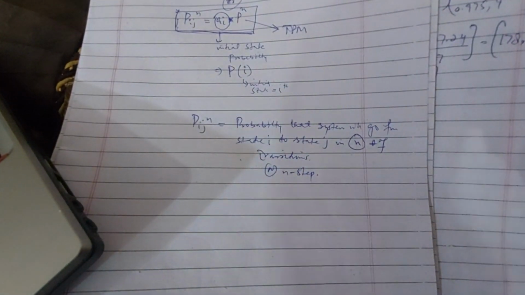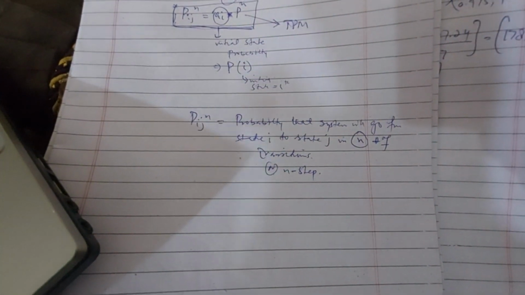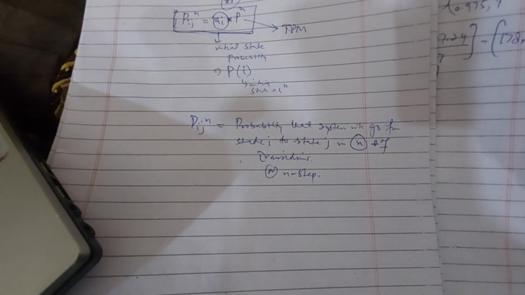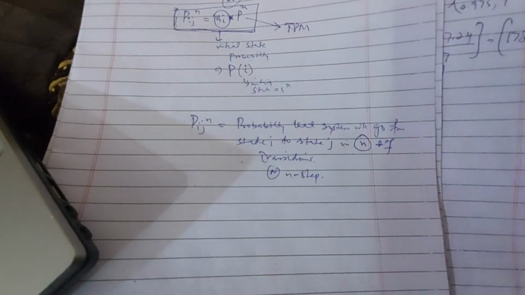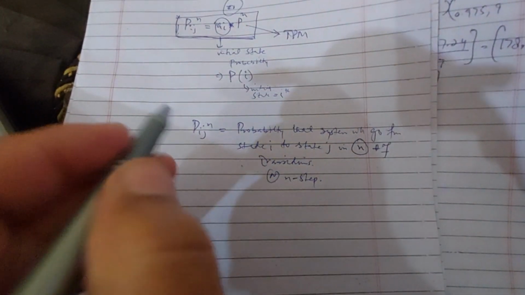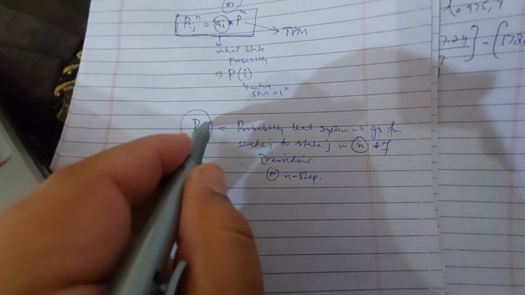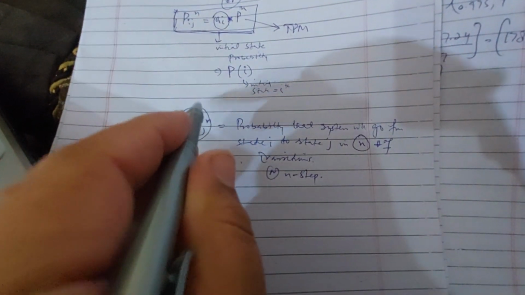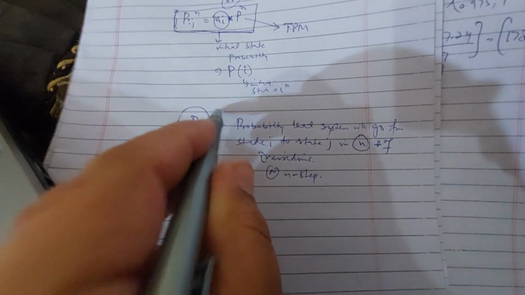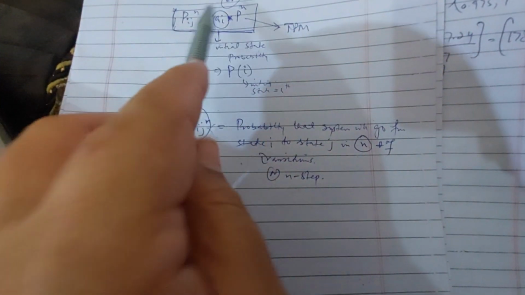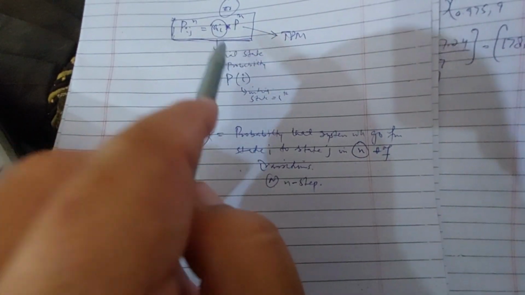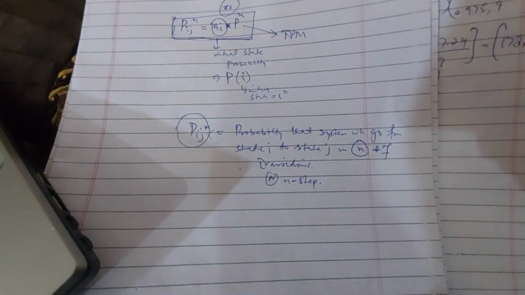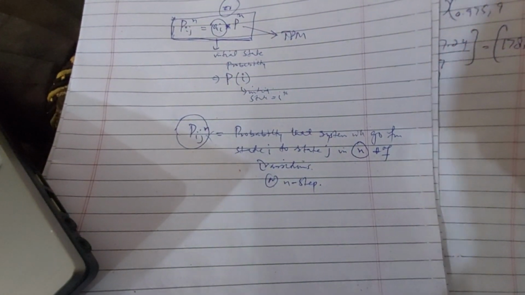We already discussed the n step TPM. So it will be equal to the TPM raised to power n multiplied by ai, where ai is the probability that the initial state of the system is I.